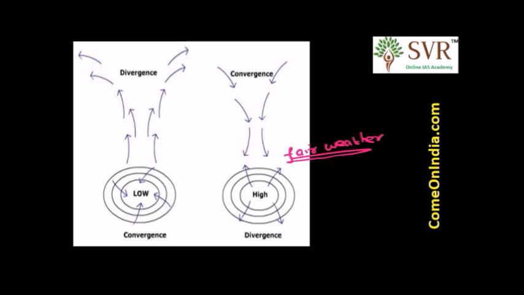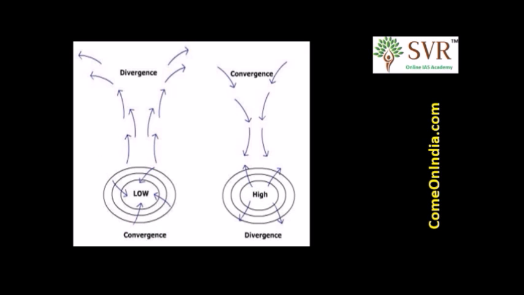Now let's see how to define cyclone and anticyclone. Cyclone is defined as a system of winds that rotates around the center of low atmospheric pressure. We can define anticyclone as a system of winds that rotates around the center of high atmospheric pressure.